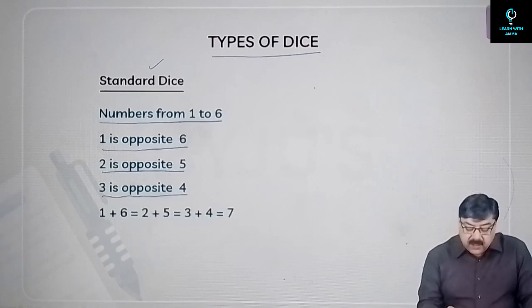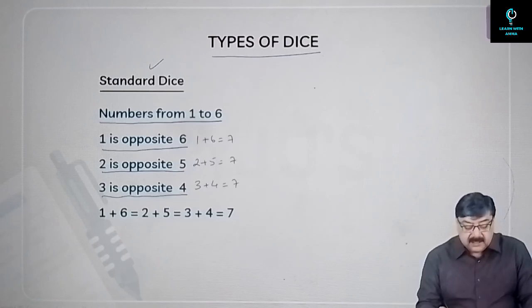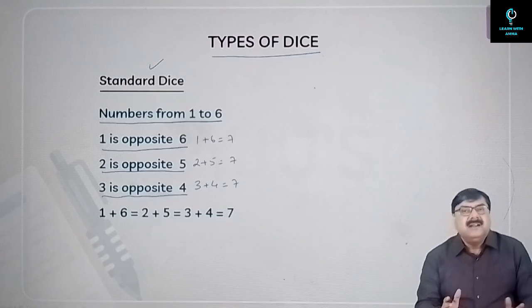As you see, 1 plus 6 is 7, 2 plus 5 is 7, and 3 plus 4 also is 7. This is a standard dice.